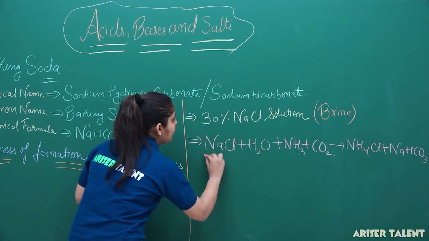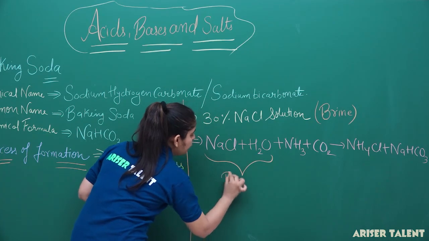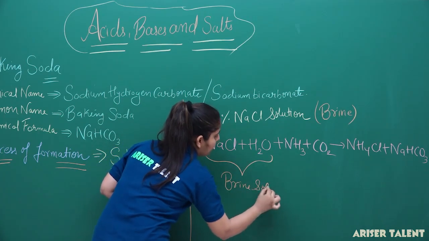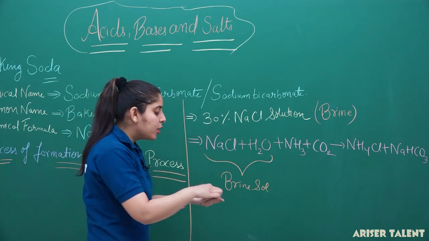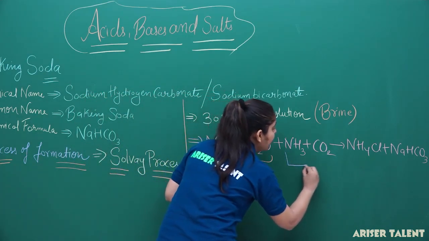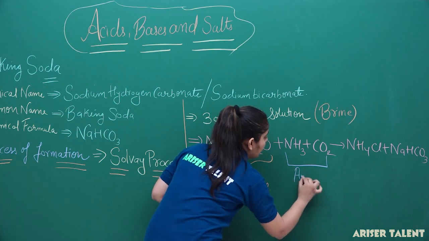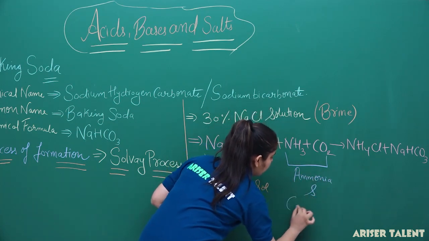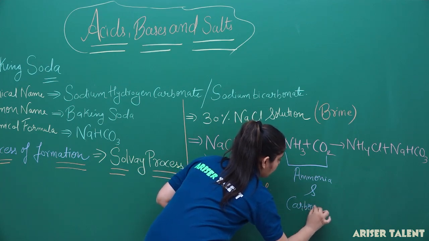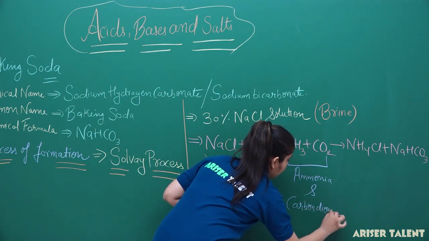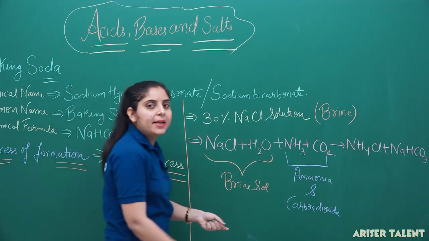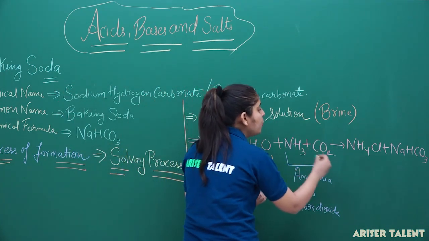This is actually our brine solution, and in this brine solution we have added ammonia and carbon dioxide. Now what happened in this case, we will obtain two products.